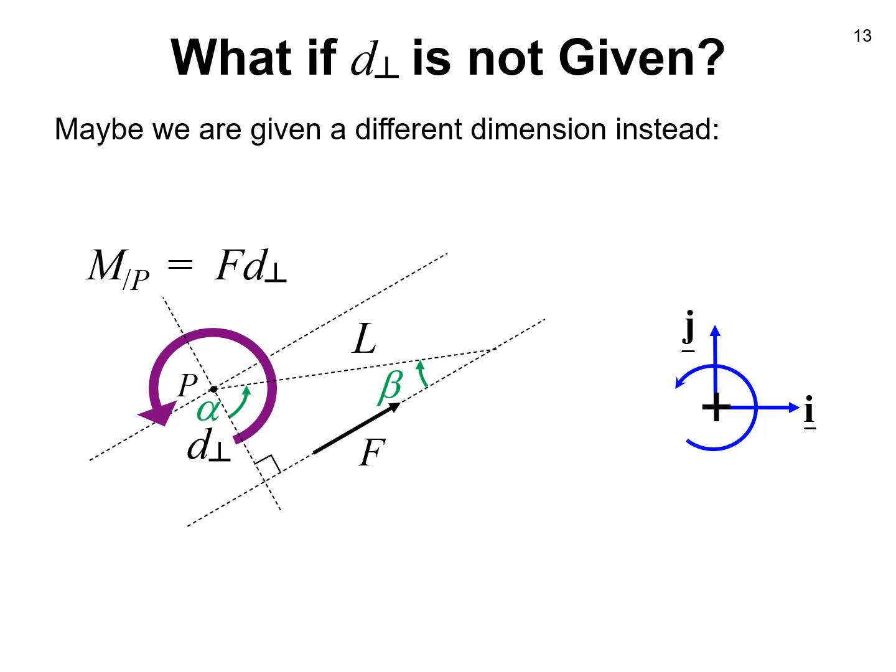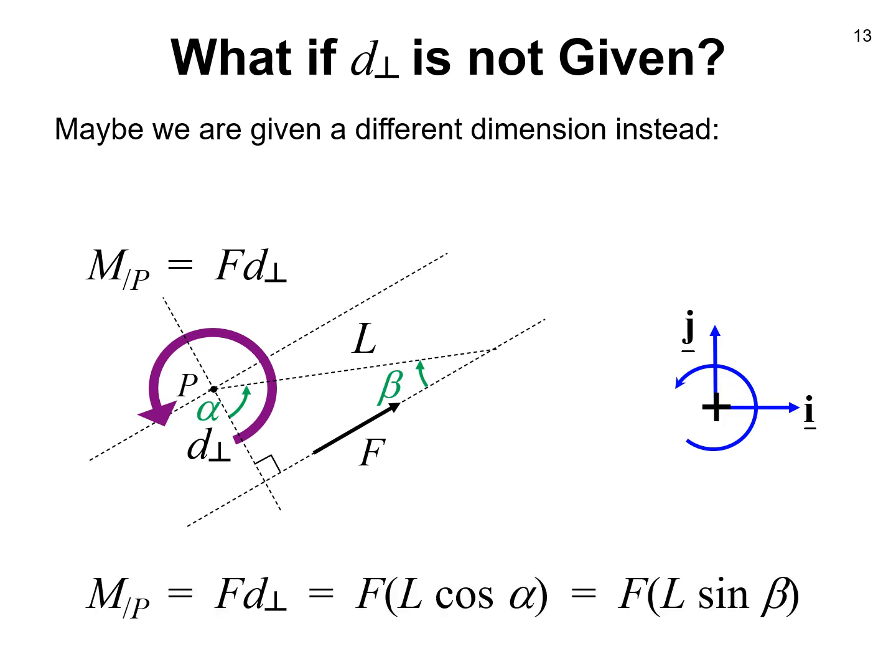I think it's now clear from what we've learned in trigonometry that the moment of the force around the point P is ultimately force times perpendicular distance, but now that perpendicular distance can be seen as the distance L times the cosine of alpha, or the distance L times the sine of beta.